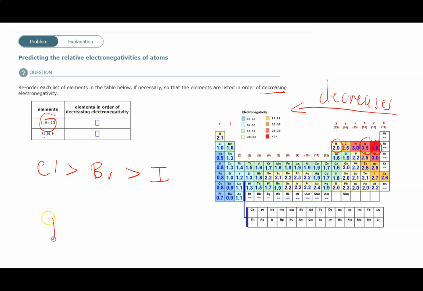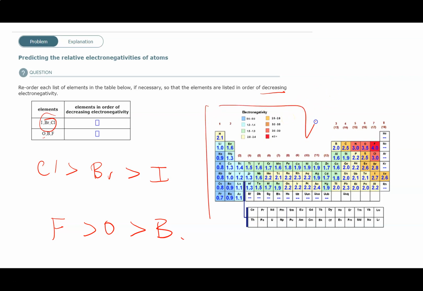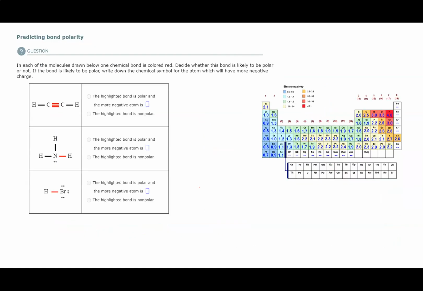So it's going to need to go fluorine is greater than oxygen, which is greater than boron, and we can see that in our table. It goes 4, 3.5, 2.0. So if you've got the information available to you, answering these ALEKS type problems is really straightforward. The key thing is good notes and making sure that you've got the resources that you need to hand.